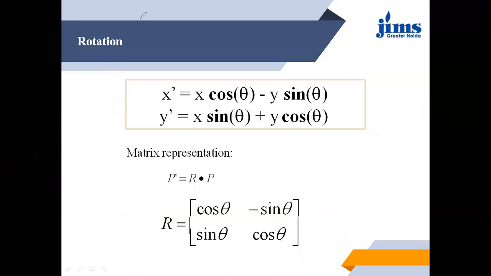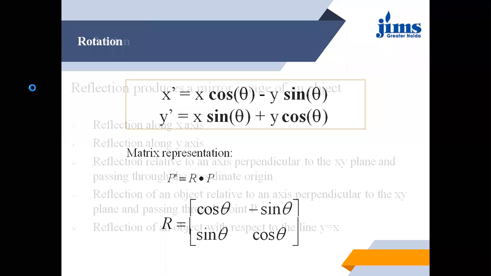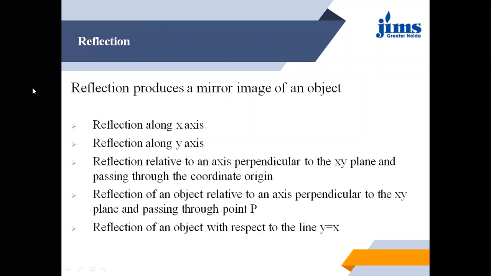Let's come to the next slide. When we have to do reflections, they can be done in many ways.